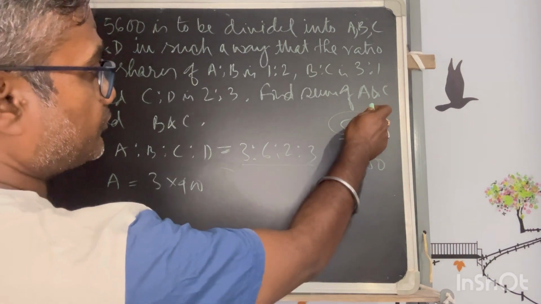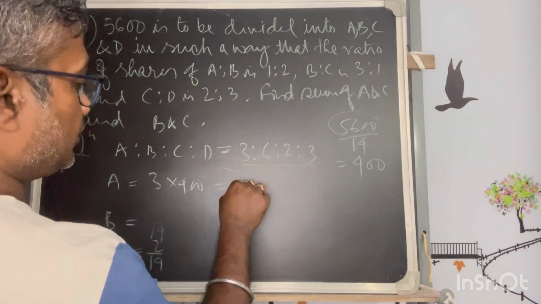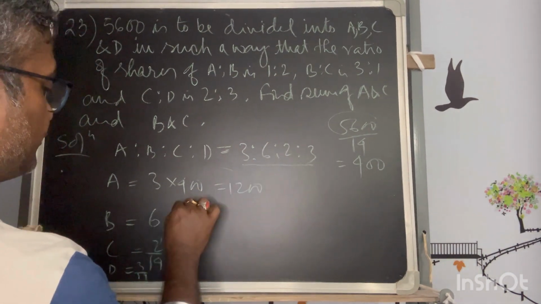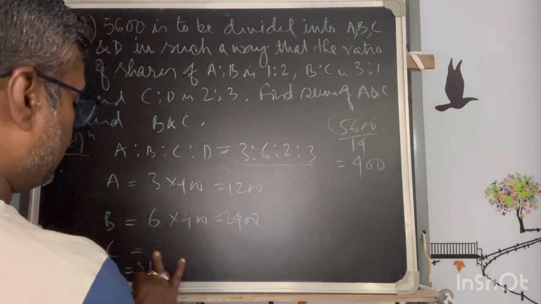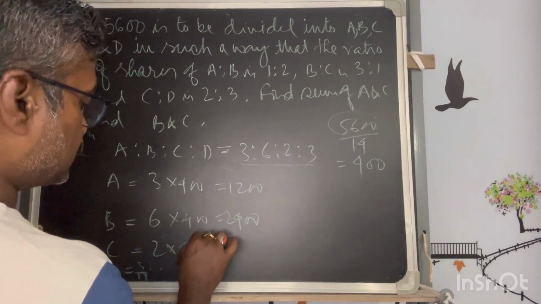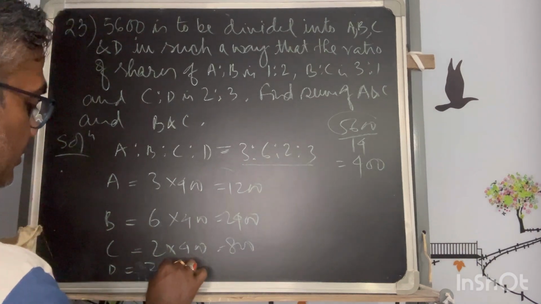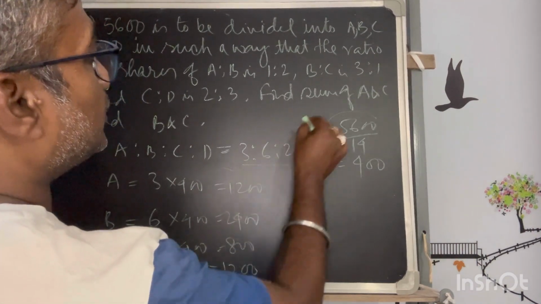So 14 parts of the whole, and 1 part is 400. So 3 parts of that is equivalent to 1200, and here it is 6 parts of 400, that means 2400. 2 parts of this is 800, and again 3 parts of 400 is 1200.